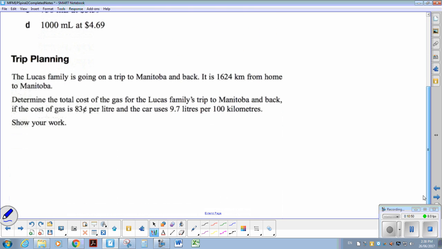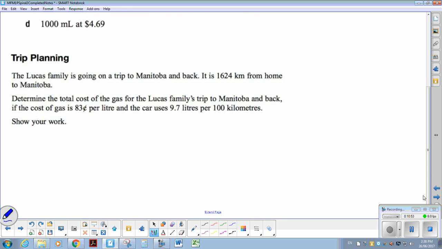And the final one. The Lucas family is going on a trip to Manitoba and back. It's 1,624 kilometers from home to Manitoba. Determine the total cost of gas for the Lucas family's trip to Manitoba and back if it costs 83 cents a liter and the car uses 9.7 liters per 100 kilometers. Tricky question.